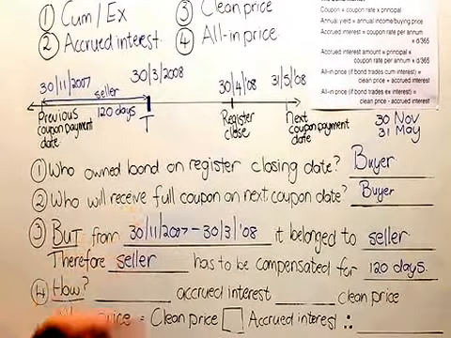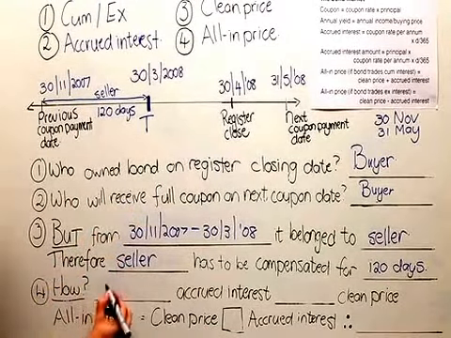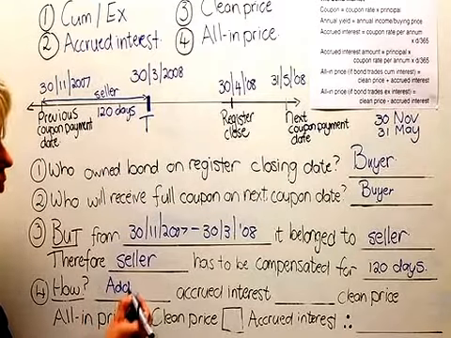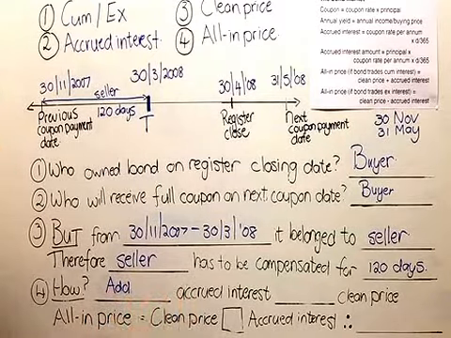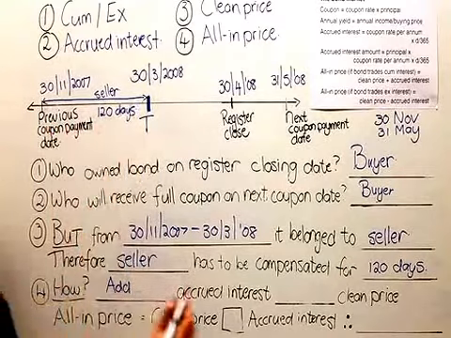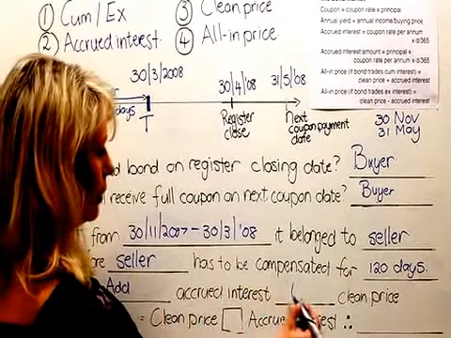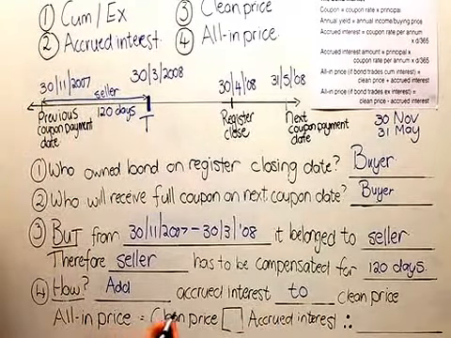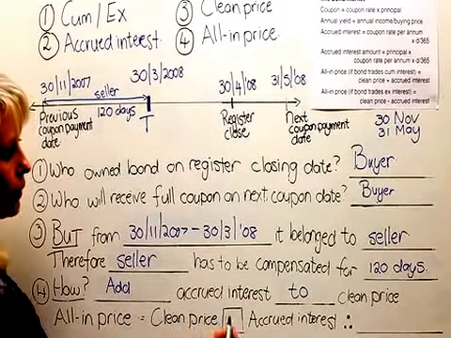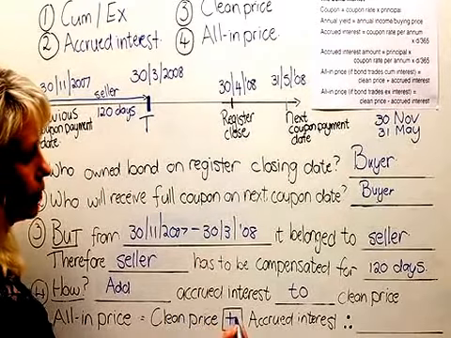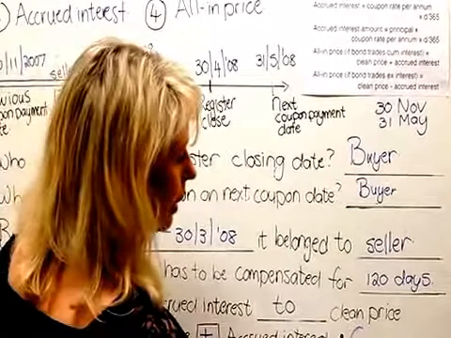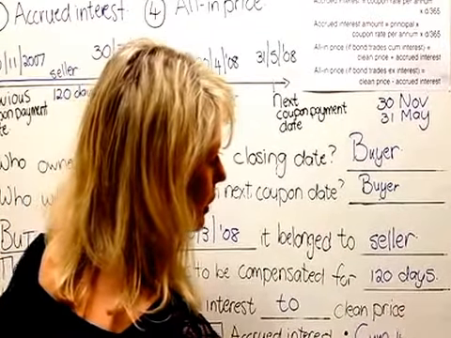Now, how will the seller be compensated? We will add the accrued interest that he has to receive to the clean price. So to calculate the all-in price, the clean price plus accrued interest has to be added together. So this bond will trade cum interest.